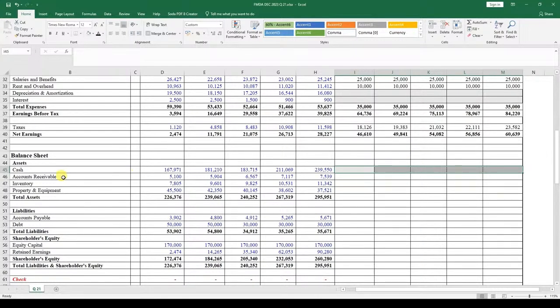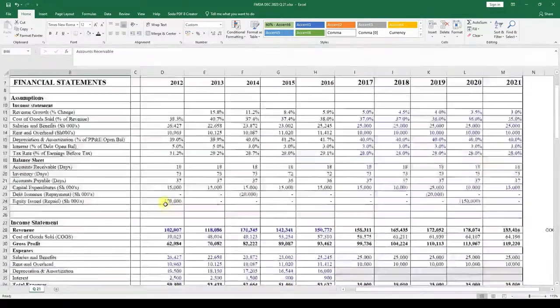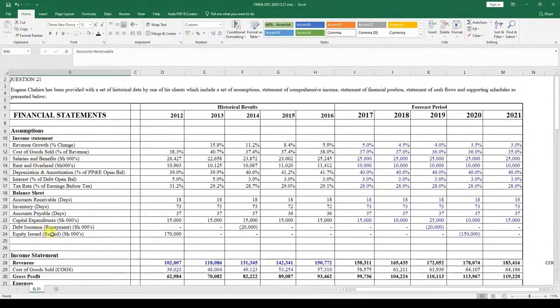How do we model accounts receivable? If we can go back to the assumptions section over here, this is the assumption section right above here, you can see we've been given accounts receivable days. We've been given 18. And accounts receivable days is driven by revenue. So it is accounts receivable over revenue times 365.